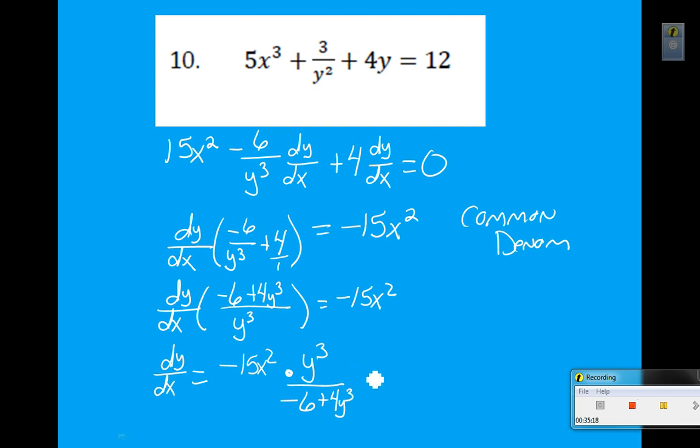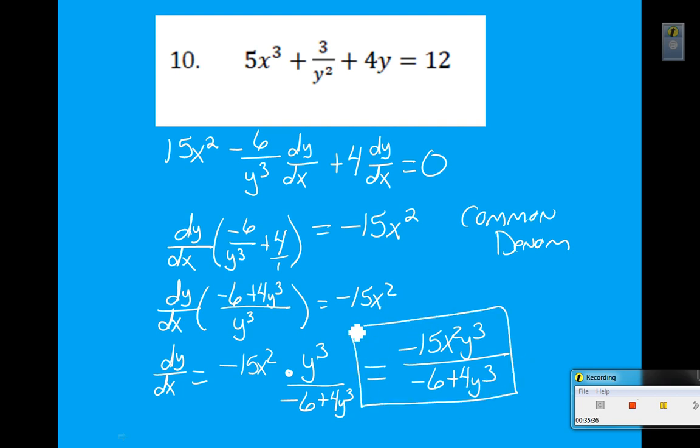And the final answer is going to look like this. Negative 15x squared y cubed over negative 6 plus 4y cubed. There's dy dx. Notice that there's no fraction within the fraction.